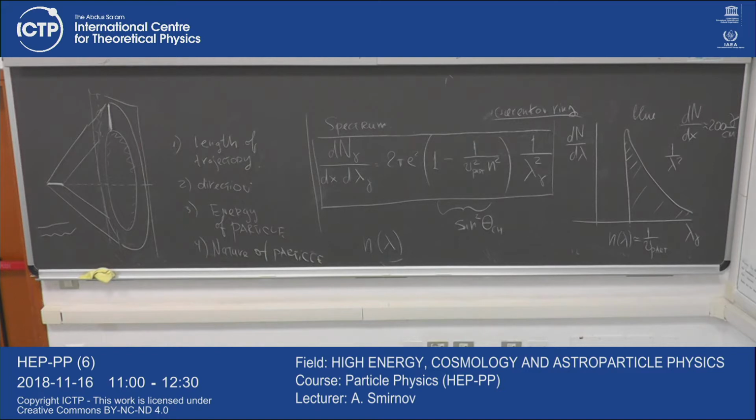Yeah? Is there something special happening if the velocity of the particle and the velocity of light in the medium are precisely the same? Yeah. Then the cone degenerates and it will disappear.